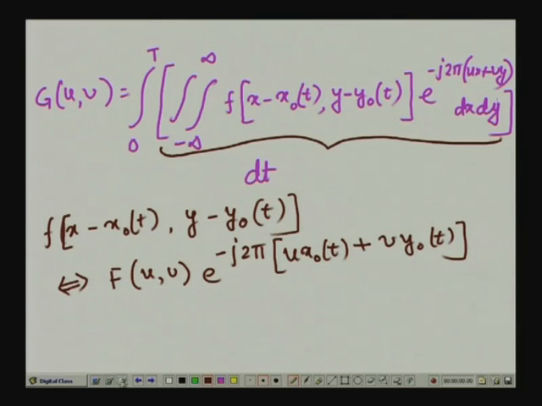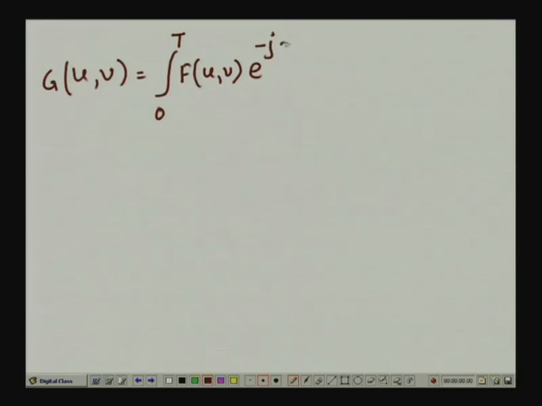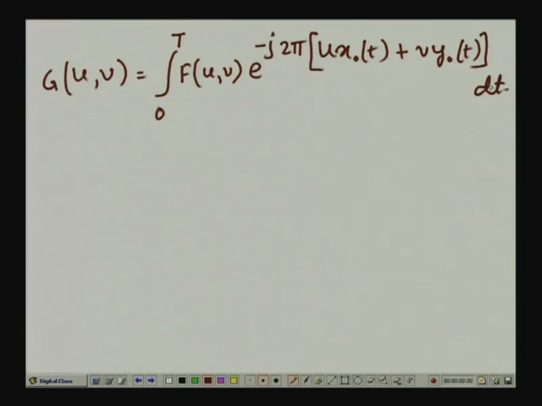So, using this expression, now the expression for G(u,v) can be written as the integral from 0 to capital T of F(u,v) e^(-j2π(u x0(t) + v y0(t))) dt. And because this term F(u,v) is independent of t, you can take it outside the integration.